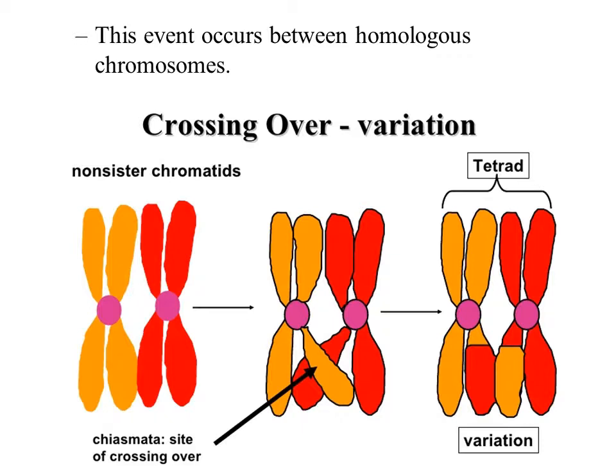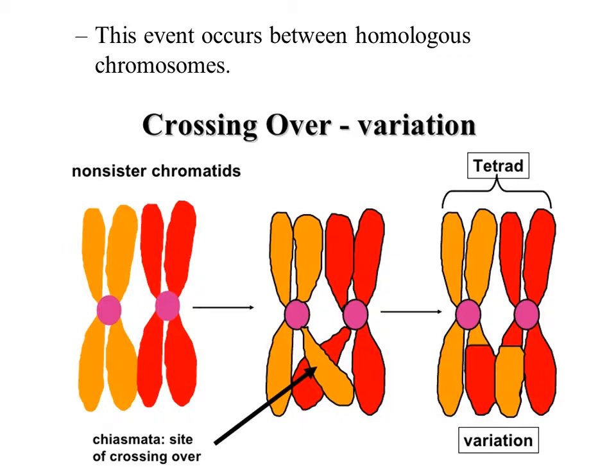And then when they break apart, you're going to have the genetic exchange of information. So look at the image to the far right and the tetrad. Some of the yellow chromatid has been exchanged to the red side. This is going to create variation.